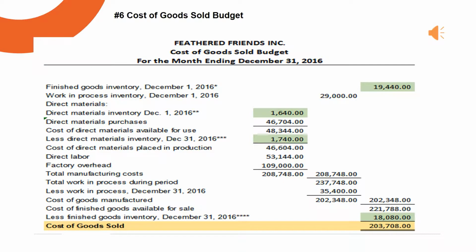$19,440. Then you deduct your finished goods inventory by multiplying the given amount a while ago for the birdhouse of 290 units by $27 per unit. That would give us $7,830. For the bird feeder, you have 250 units by $41, and that would give us $10,250.